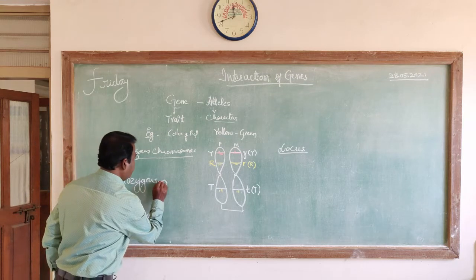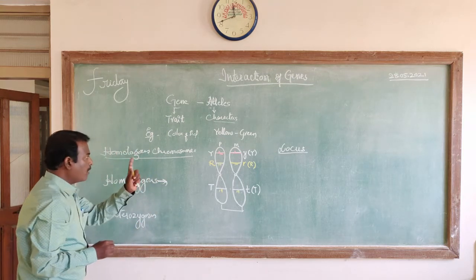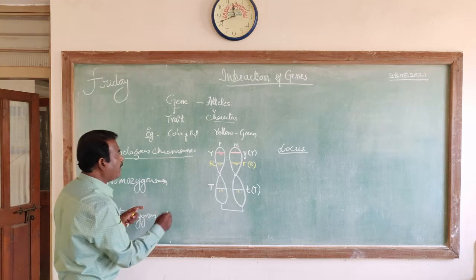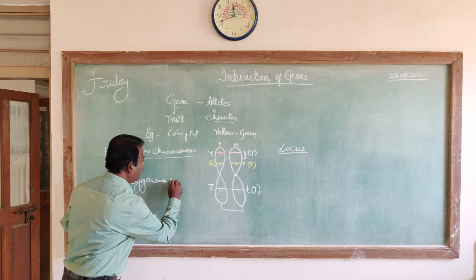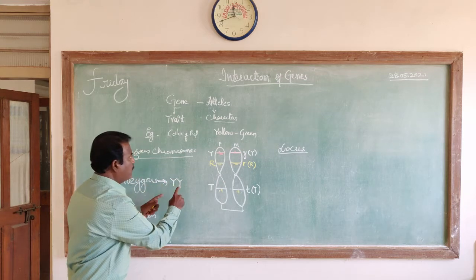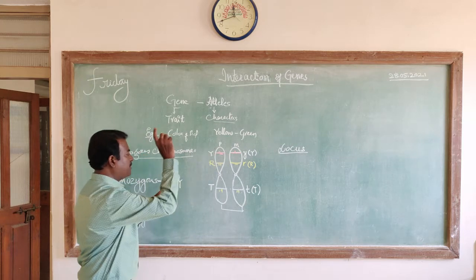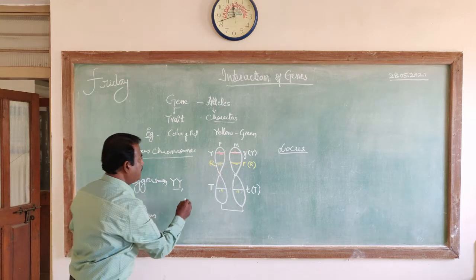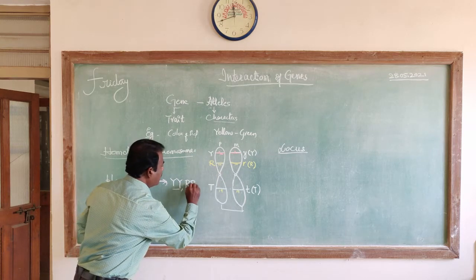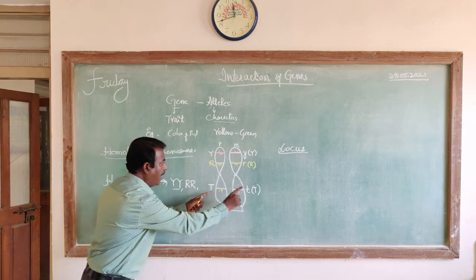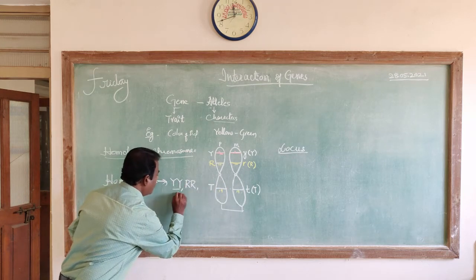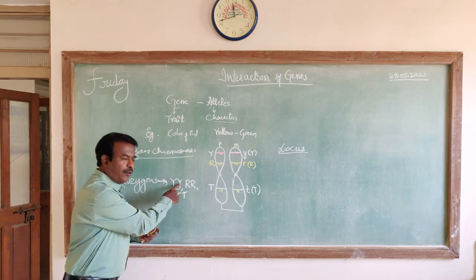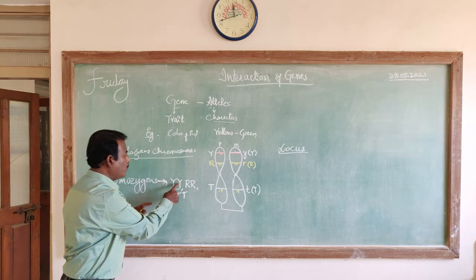For a particular trait, for a particular phenotype to express, if the alleles are found like capital Y for a phenotype like color of the seed, then for shape of the seed, if it is capital R, that is for round, then for height of the stem, if it is capital T, then these two alleles of a gene are in homozygous state.